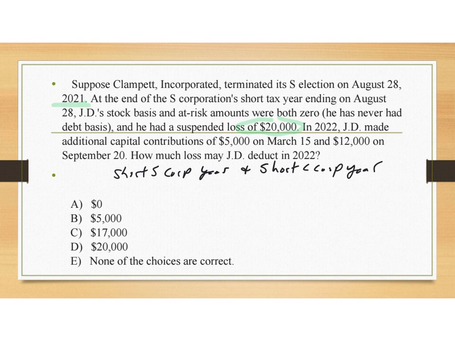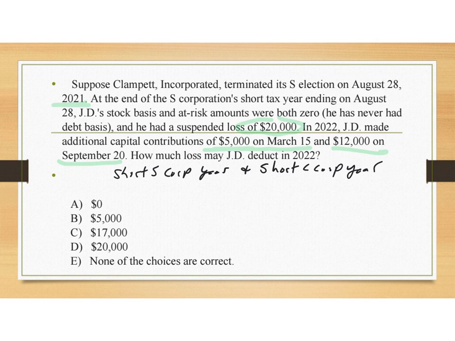At the end of the S Corporation's short tax year ending on August 28th, JD's stock basis and at-risk amounts were both zero, and he's never had debt basis, and he had a suspended loss of $20,000. In 2022, he made additional capital contributions of $5,000 on March 15th and $12,000 on September 20th. The question is, how much of this loss can he deduct in 2022?